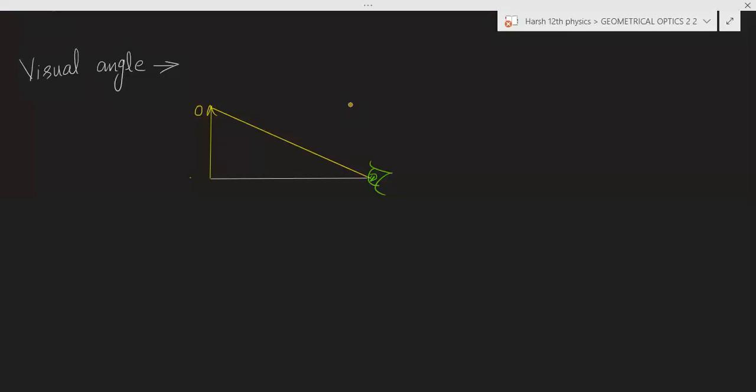Suppose this angle is theta. So this theta will be the visual angle, the angle formed by the object at the eye.